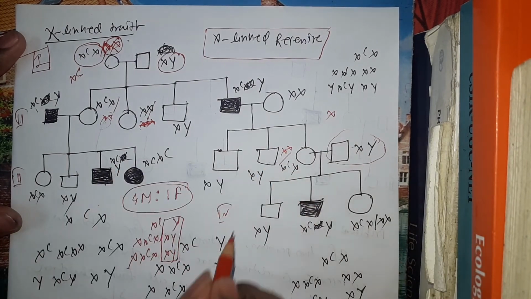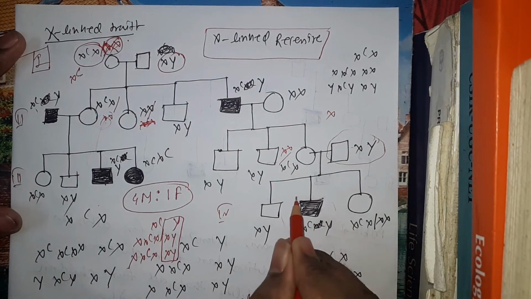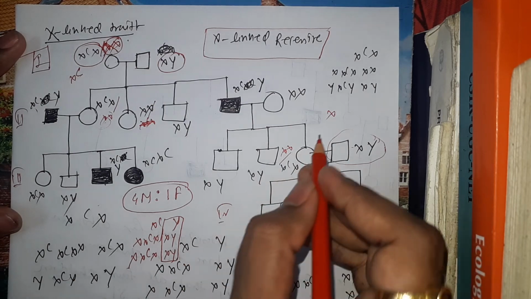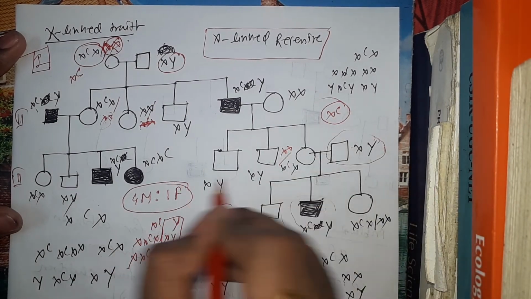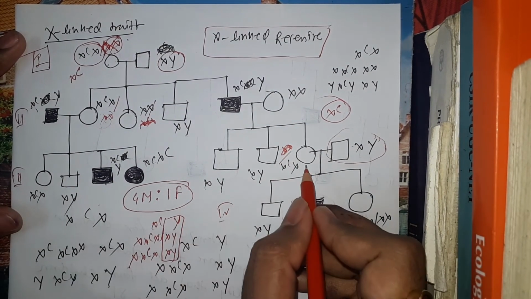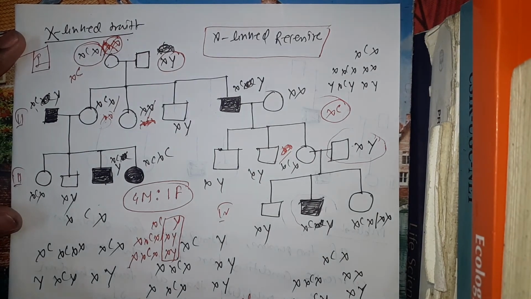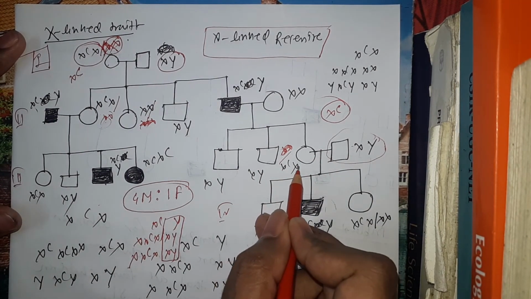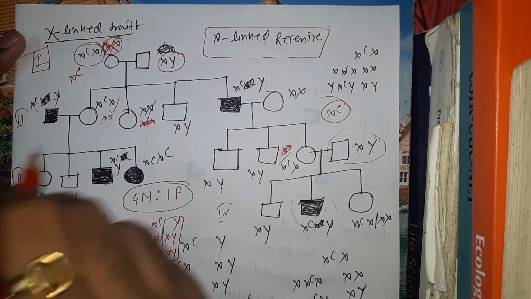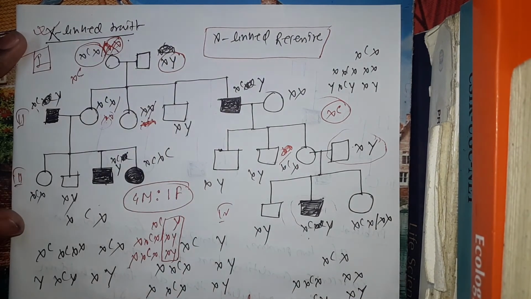But their son is diseased. That means there must be a supply of Xc, and it is absolutely supplied from the mother. That is the reason why the genotype for the mother will be XcX. So it is the example of an X-linked recessive trait.